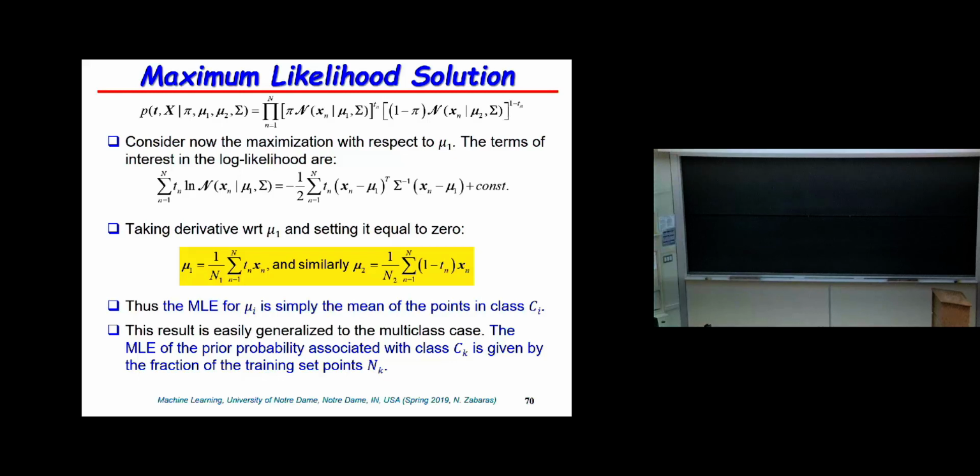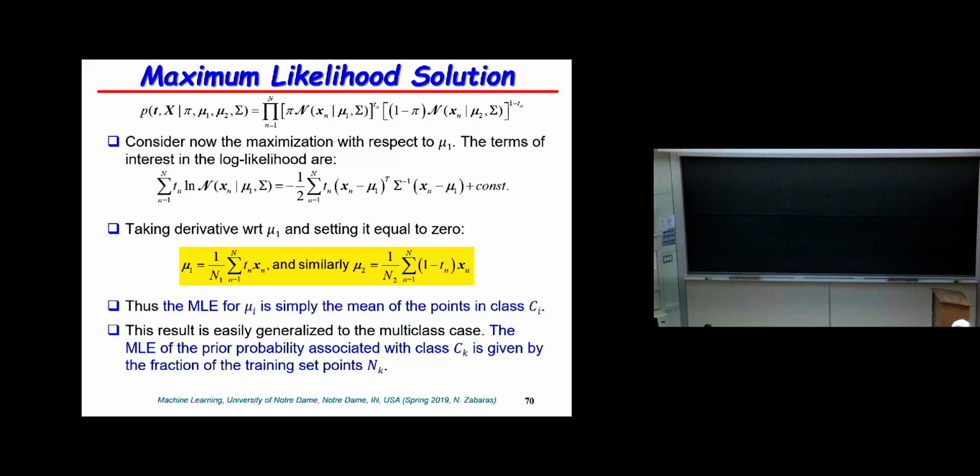So this tells you that the mean of class 1 is the mean of the points that are in class 1. And similarly here, take all the points in class 2, take the mean of them, that's mu2. Again, you don't really have to do any more of this type of probabilistic optimization because the answer is the obvious answer, simple counts.